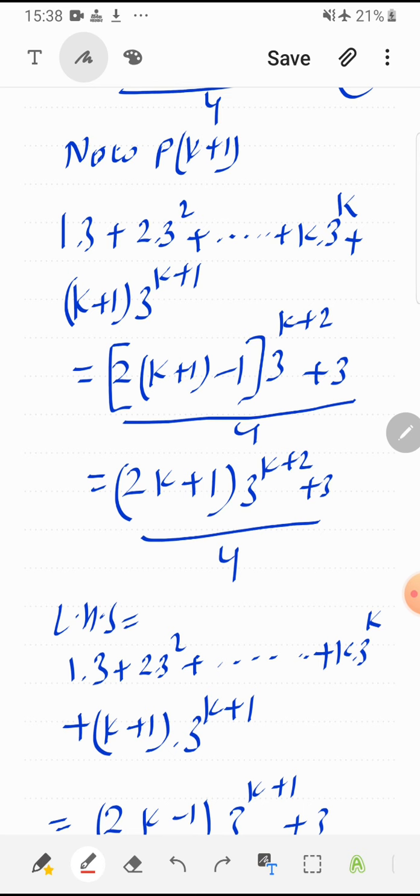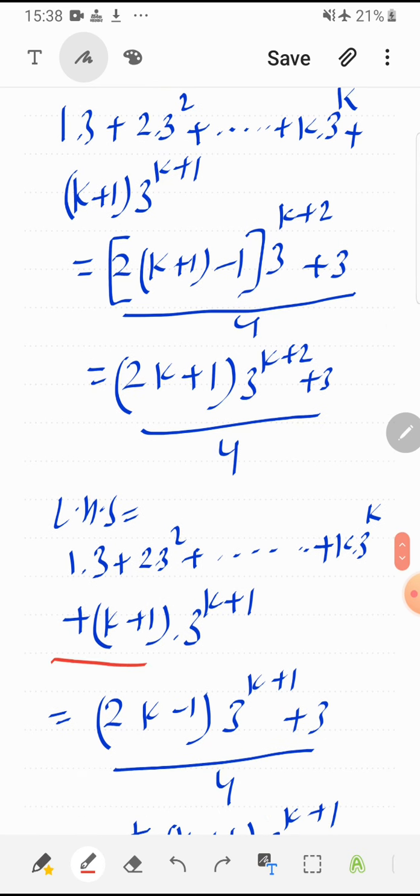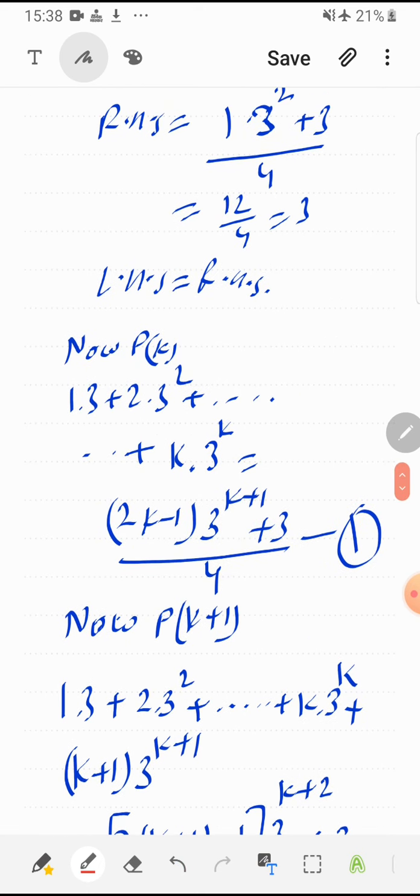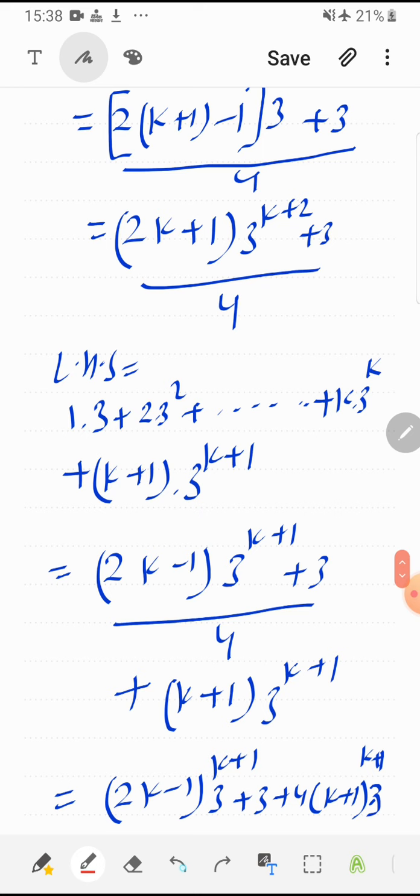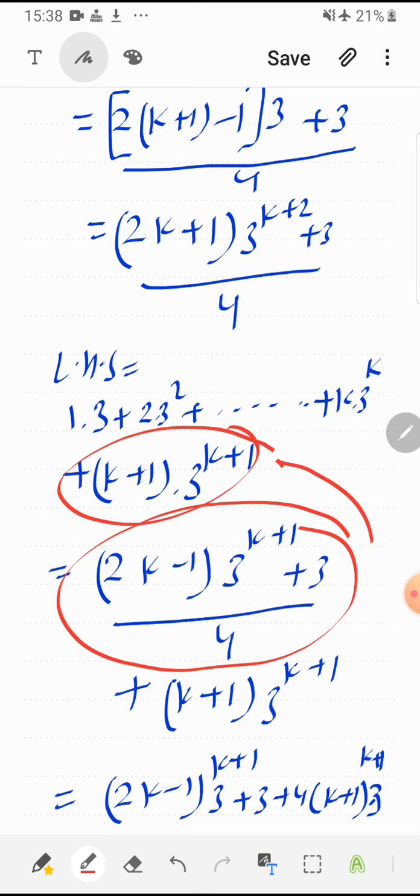Now start with the left hand side, write the left hand side again. And as it is very obvious, up to k we can put the value from equation number 1, that is this one. This value we can substitute. So now we will put this value here so that this term will be written as it is here.